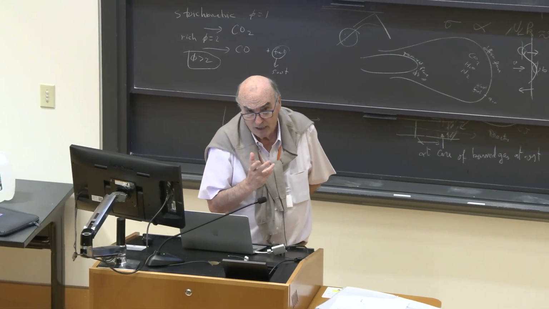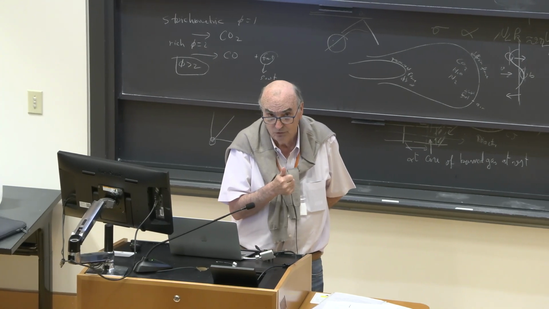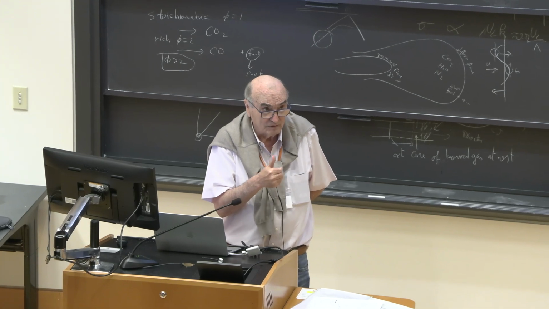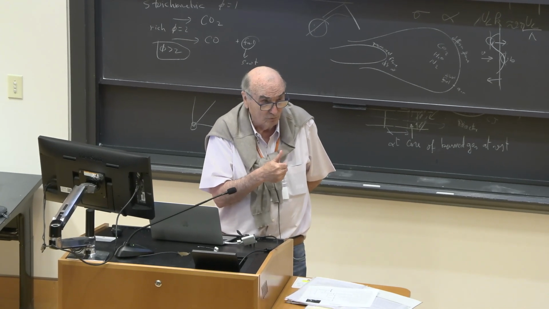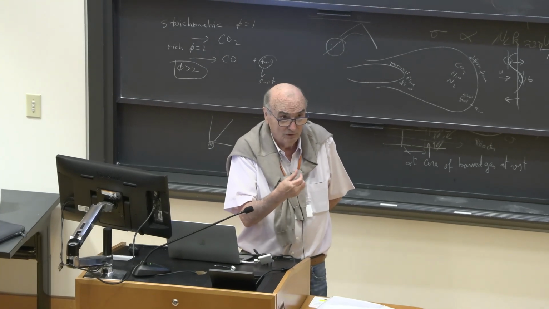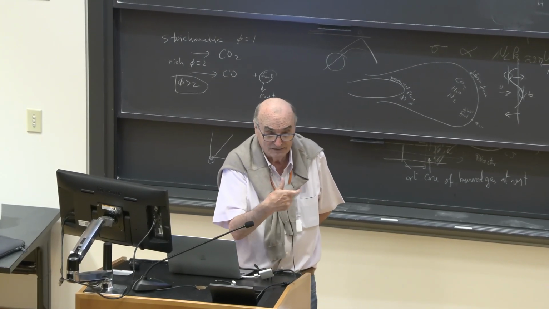And this cannot be right. Why? Because the acceleration of the flame is going to be very large. So if the acceleration of the flame is large, clearly the flame structure is going to evolve, to change. It cannot stay steady.